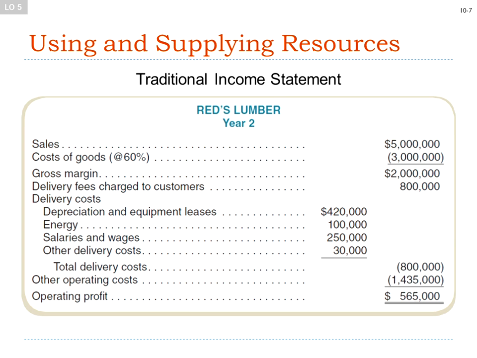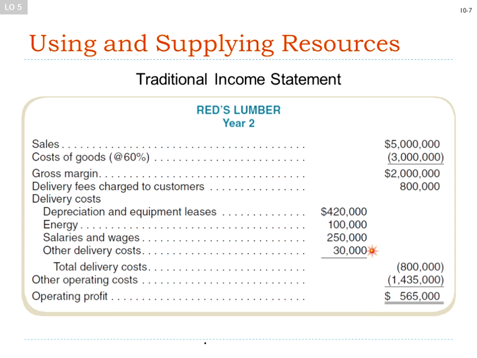All right, and this slide shows a traditional income statement. It shows you the total amount of sales, cost of goods sold, electricity, wages, delivery costs. It gives you pretty much what you're going to see in a GAAP income statement.